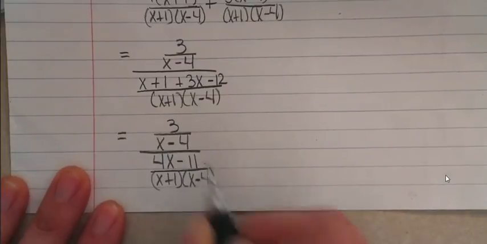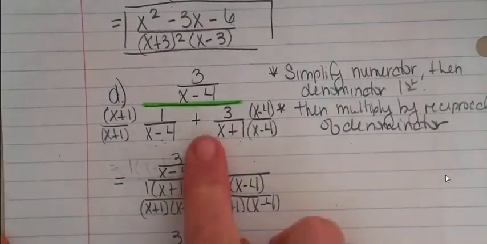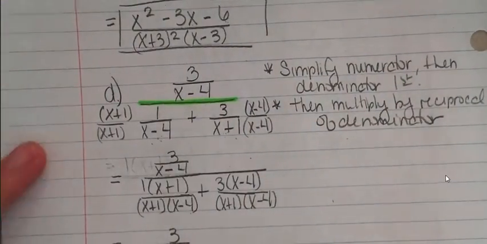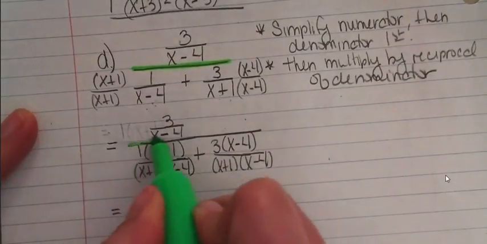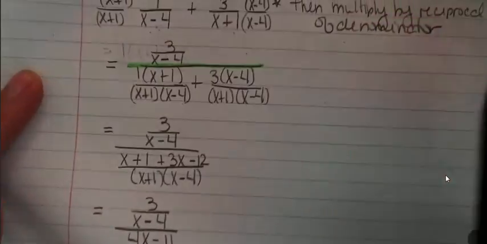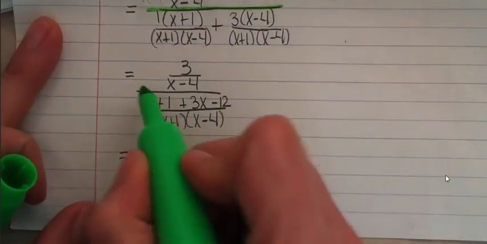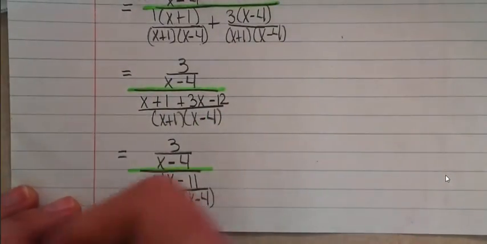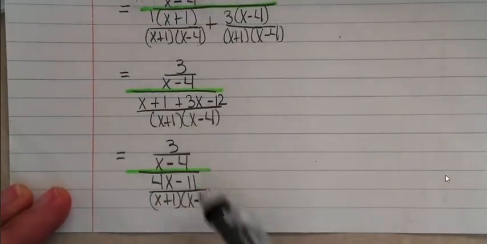Now, if it's hard for you to see this, originally I put a green highlight where my main fraction bar was. So maybe I continue doing that, because maybe it's hard to see what's being divided by what here. Okay, so now I've completely simplified numerator and denominator.